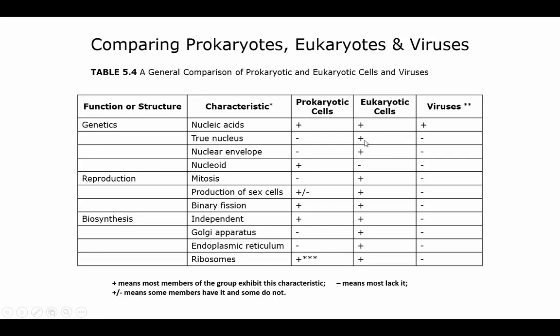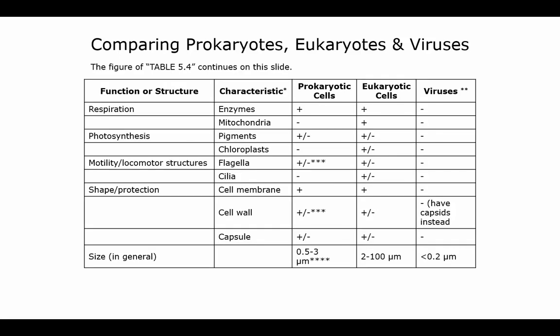A true nucleus is only in the eukaryotic cells, so the nucleoid region is going to be found only in the prokaryotic cells. And the only ones that go through mitosis are eukaryotes. You can see both prokaryote and eukaryote have ribosomes. You don't see it in viruses though. Viruses don't have a lot because remember, they're not living, they're just particles, and they have to have that host cell to survive.